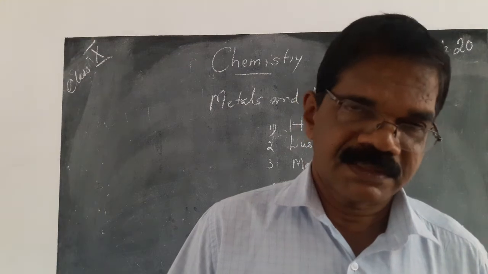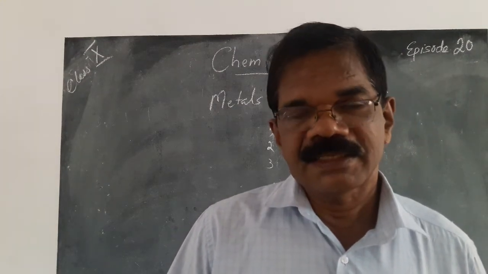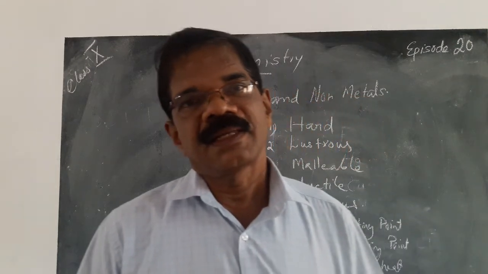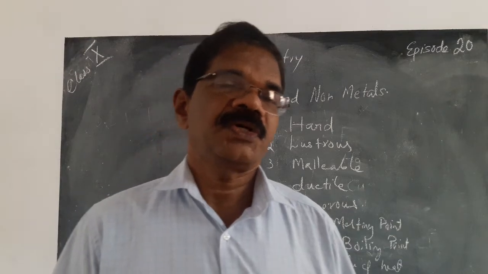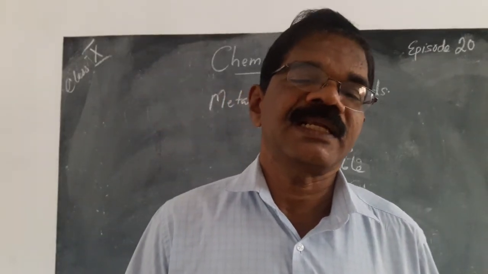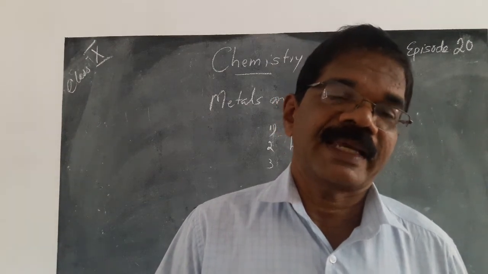The main use of aluminium is cooking vessels. Steel is not a metal, it's an alloy. What is an alloy? An alloy is a homogeneous mixture of two or more elements, at least one of which is a metal. In steel, the contents are iron and carbon.